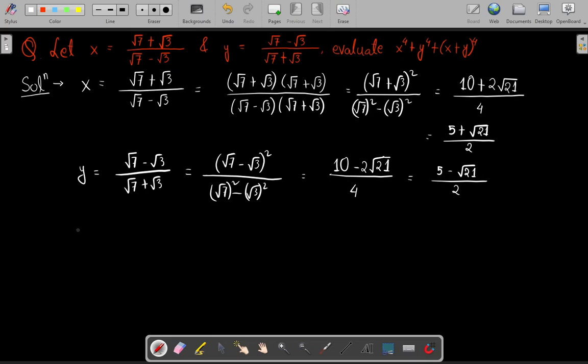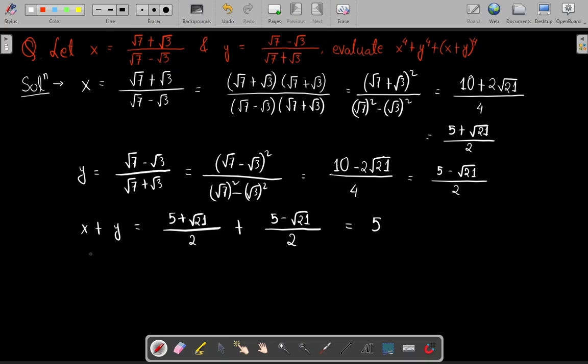Now let's find the value of x plus y. It's (5 plus root 21) upon 2 plus (5 minus root 21) upon 2. If we add this, since denominators are same, we'll get 10 upon 2, which is 5.